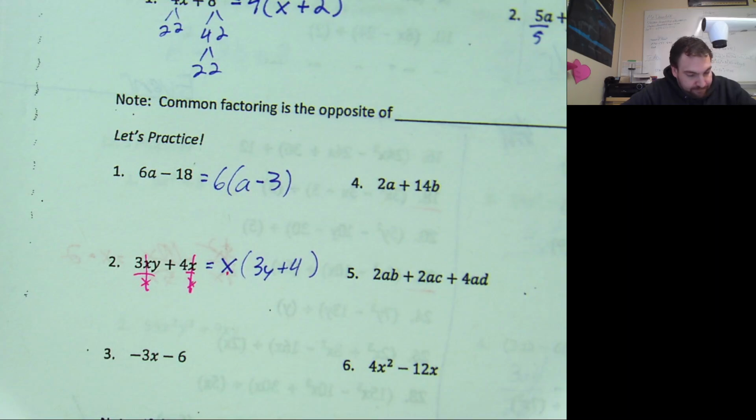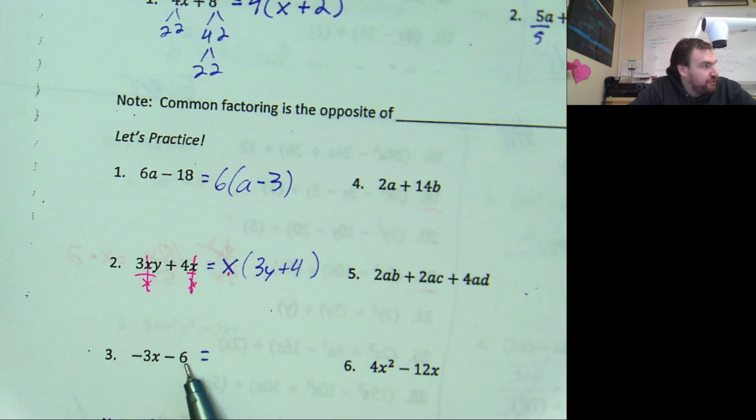Harwin. Careful with this one. Why 3? If I pulled out a 3, I would be left with negative x and a negative 2.